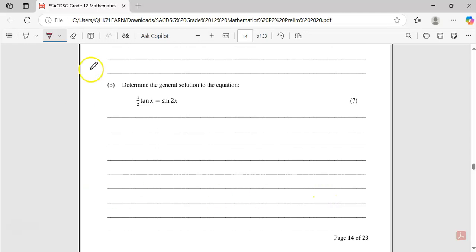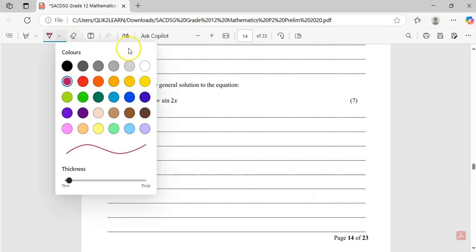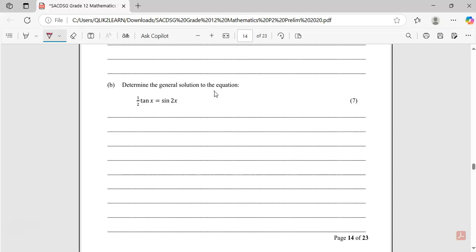Maybe we can just do this one very quickly. I'm not going to solve it, but I can just simplify this. I know that I can write this as 1 all over 2, sine x all over cos x, which is equal to, this can be written as, 2 sine x cos x. Therefore, from there we can multiply everything with what?